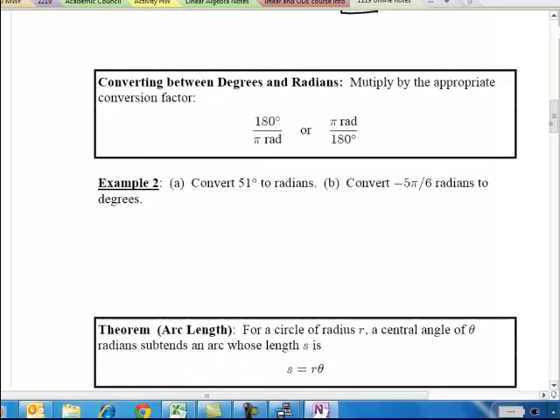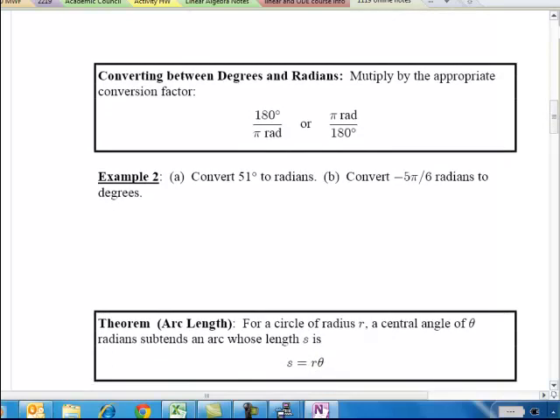So these two conversion factors are just built from that connection that we just made between degrees and radians. If we have degrees and we want radians, then we would choose the right conversion factor to cancel. So here we've got 51 degrees. We want the degrees to cancel, and we want to be left with radians. So we can put our labels in, and we know that pi radians is 180 degrees.